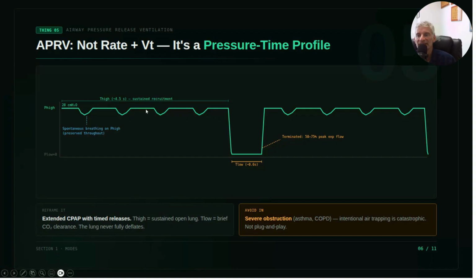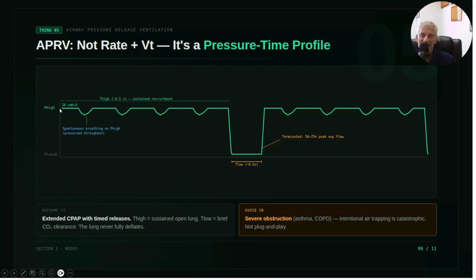That's release ventilation. When you stop the boat fast for just 0.5 seconds, that's release ventilation. That's when you ventilate. So it's basically extended CPAP, and you should avoid it in asthma or COPD.